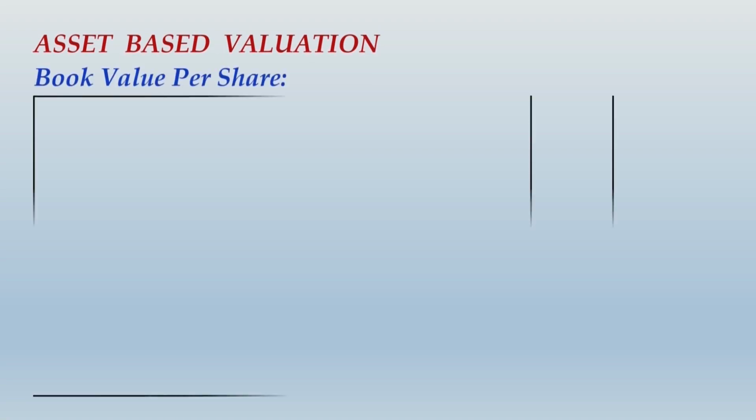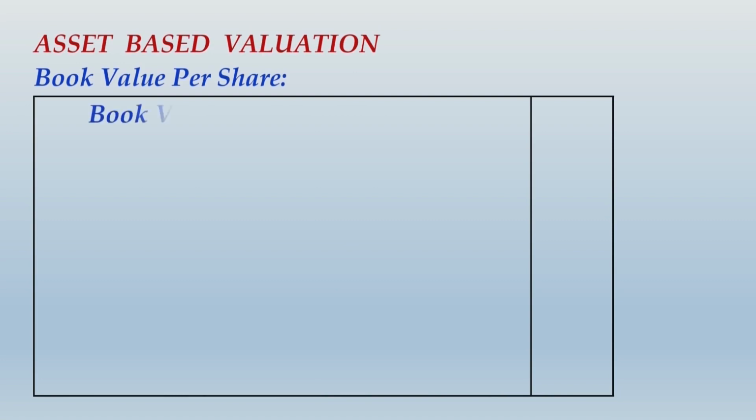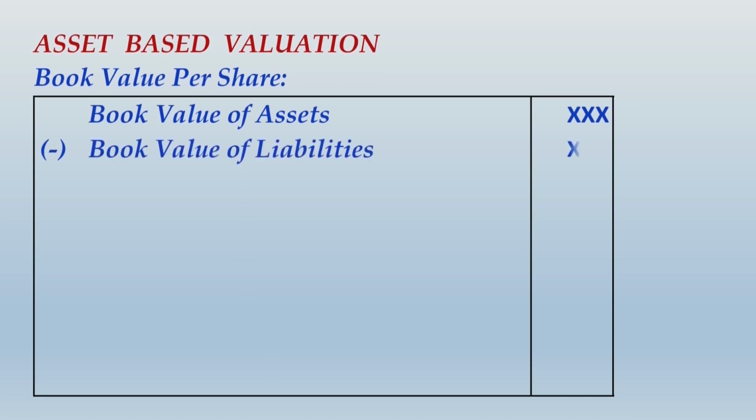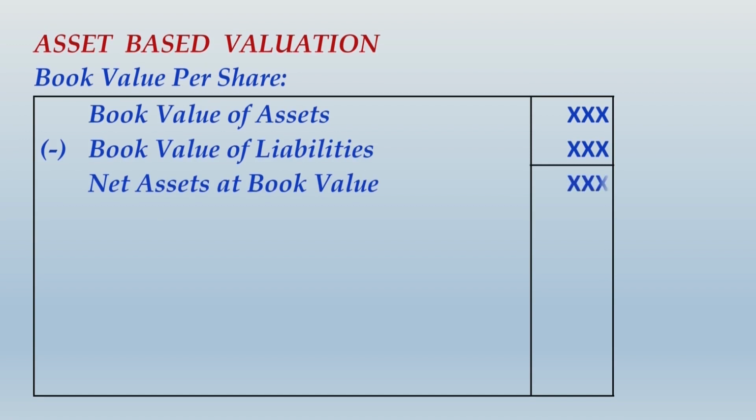Under this category, asset based valuation, if you are willing to determine the book value per share, see how it will be presented. Book value of assets will be considered. From that you subtract the book value of liabilities, and what you get is the net assets at book value.